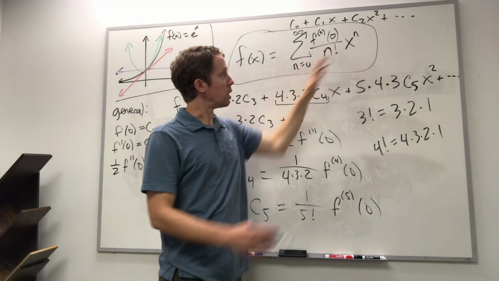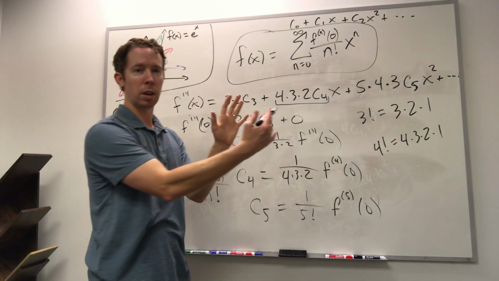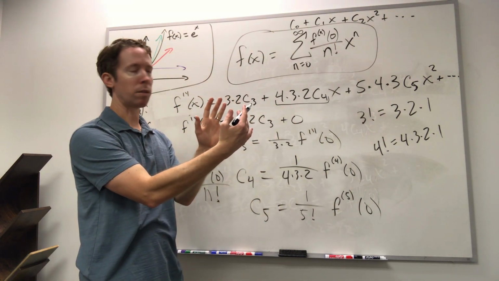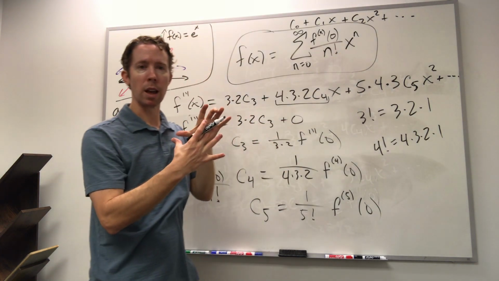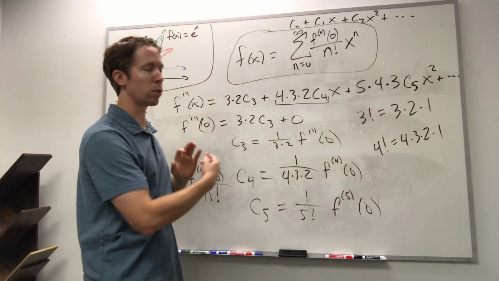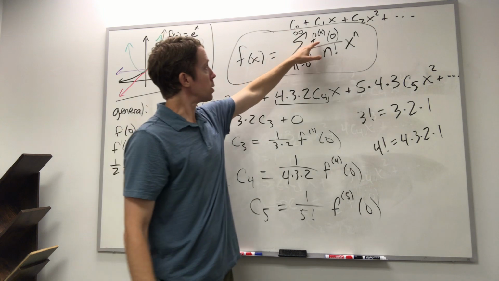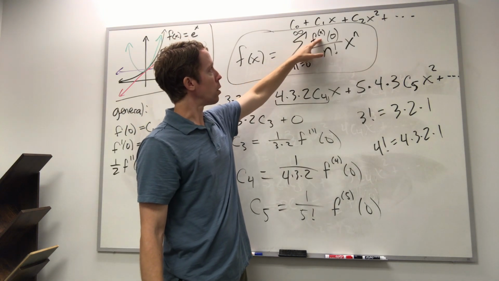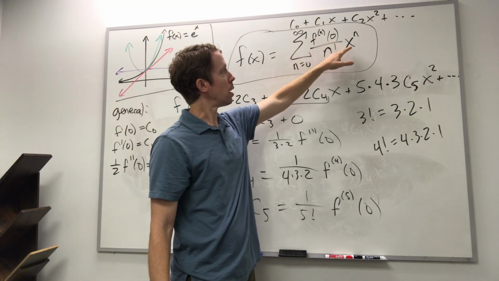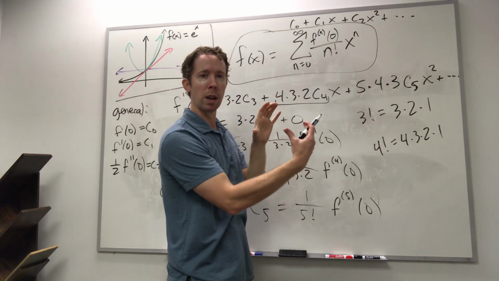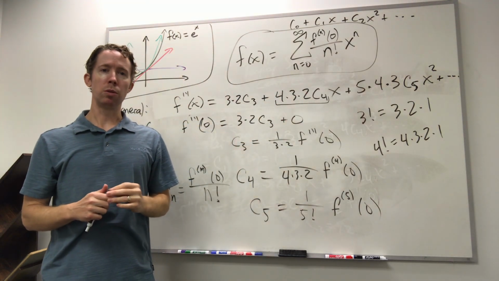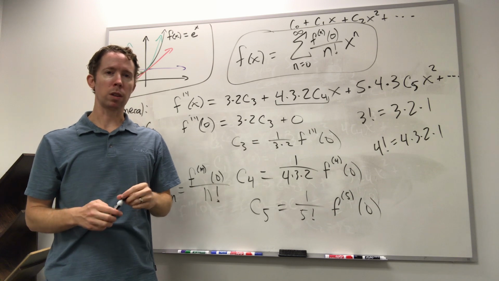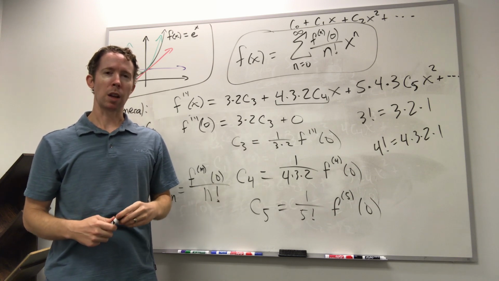And then I shift the graph just like you would normally shift the graph of a function by replacing x with x minus a. So if I'm shifting to the right by 5, if I'm centering at 5, I would take all the derivatives at 5, and I would do times x minus 5 to the n. That's the Taylor series. You can do a tremendous amount of work with this thing. I hope you have fun with it.